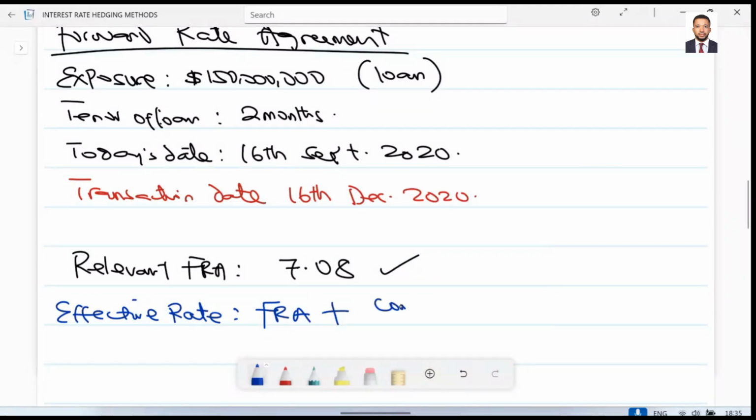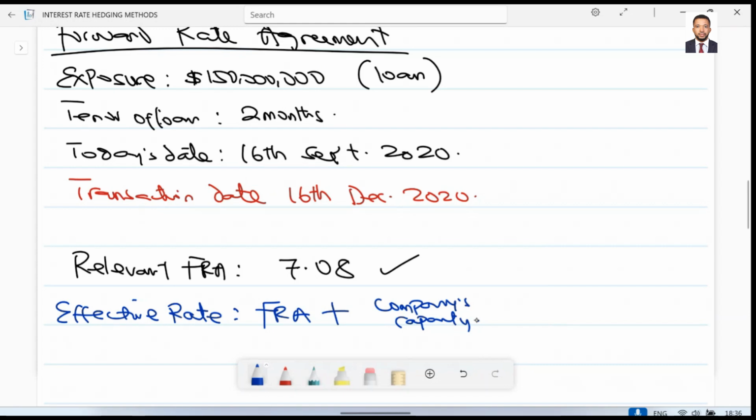Yeah, company's capacity. Now, let me explain this capacity. This capacity is also known as the floating capacity. Now, what do I mean? You see questions where they will say the company can borrow at 90 basis points above or invest at 30 below, due to the capacity.